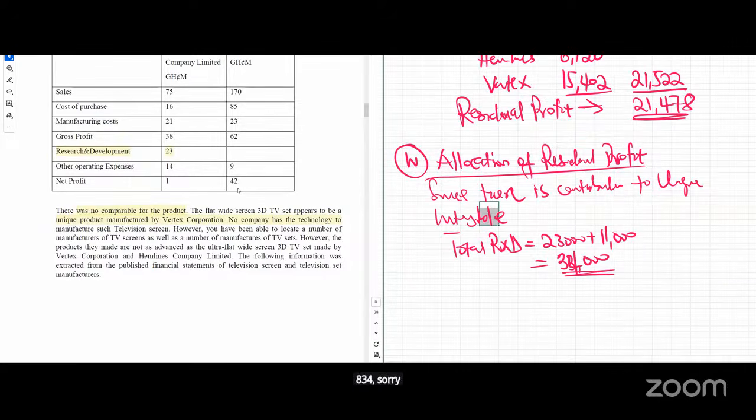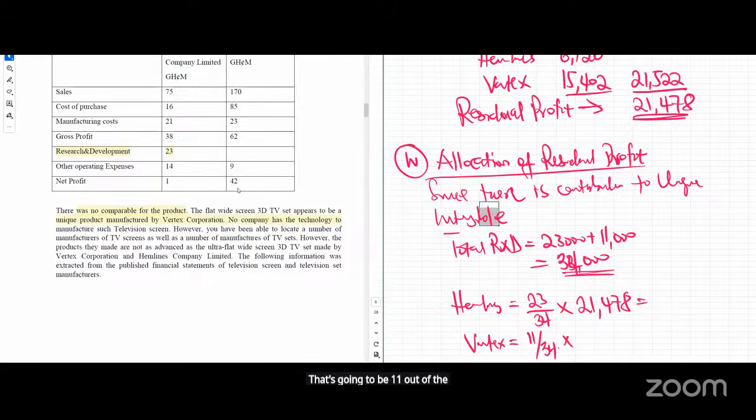So in that case, let's allocate. For Hemlines, it will be 23 out of the 34, times the 21,478, right? Then for Vertex, that's going to be 11 out of the 34 times the 21,478. And that gives us what?